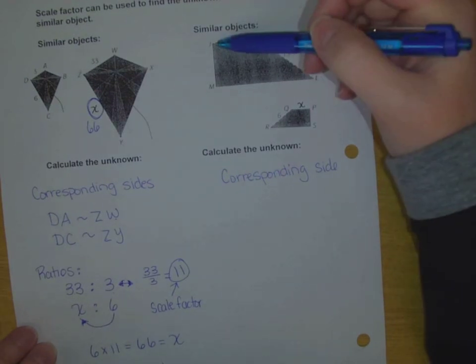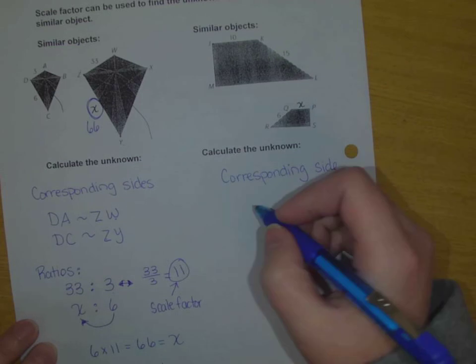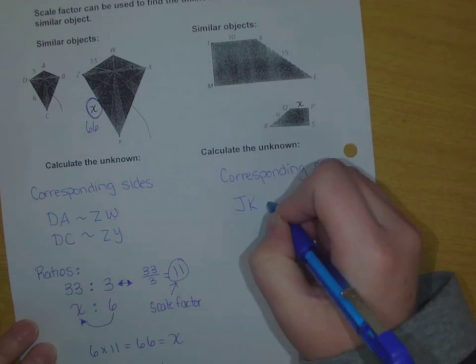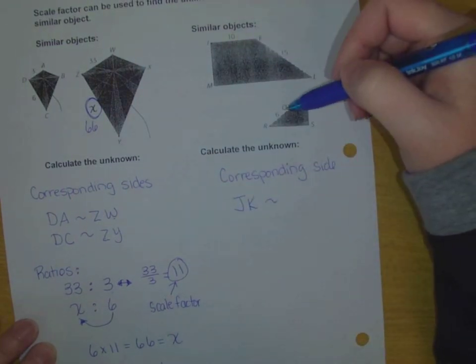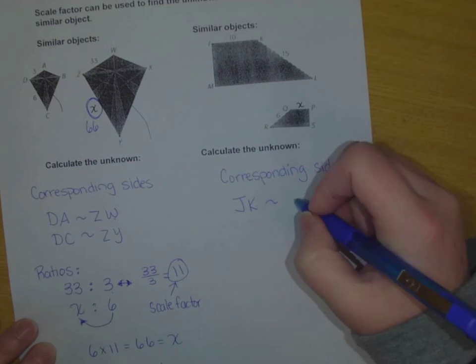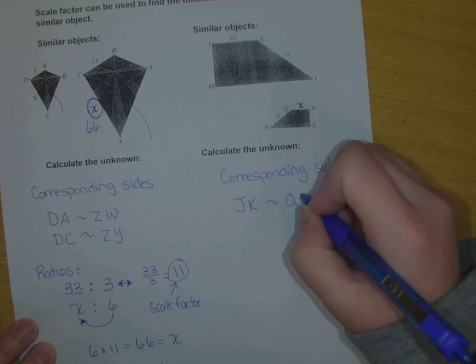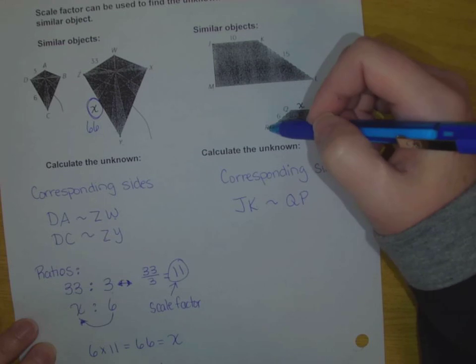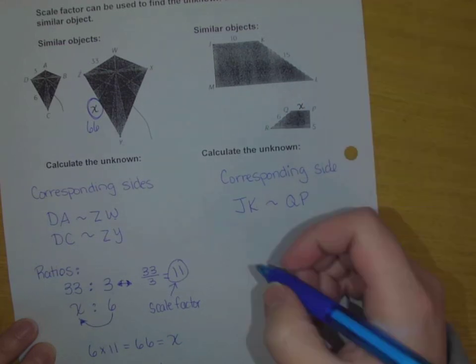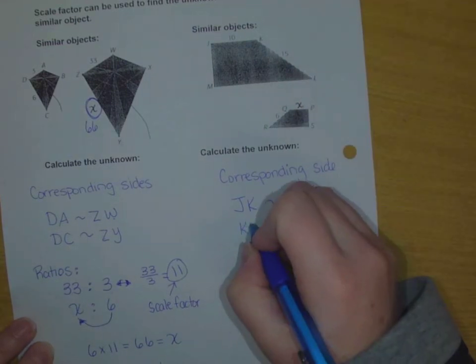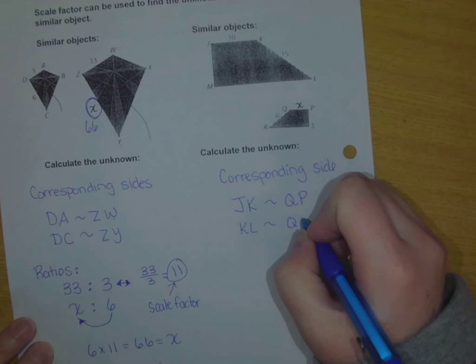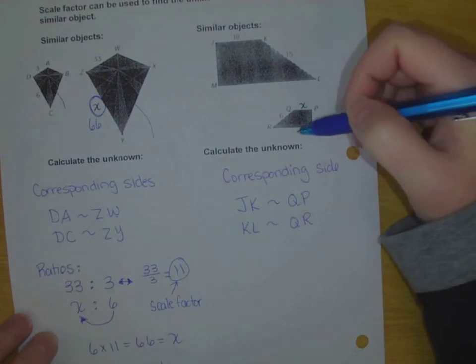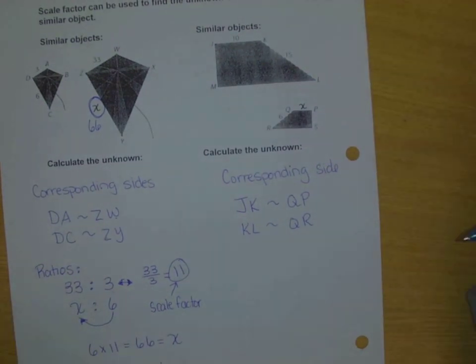First we can look at J to K, and it corresponds with Q to P, which is our unknown. Then K to L corresponds with Q to R. The others do not have measurements, so we don't need them in this case.